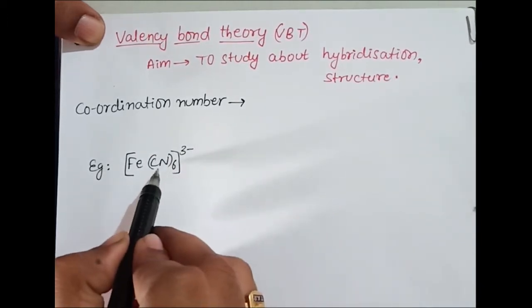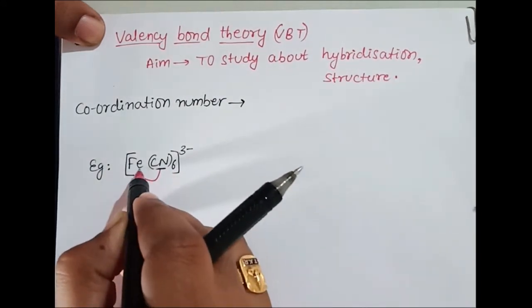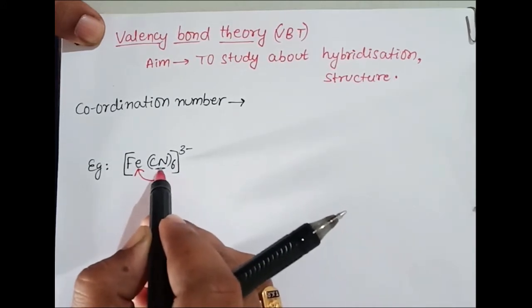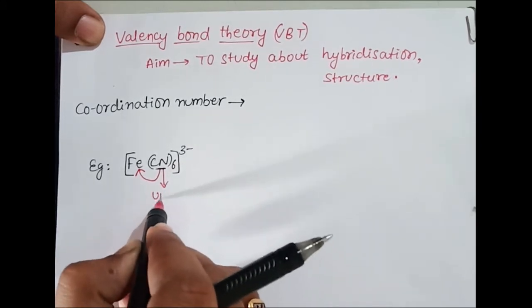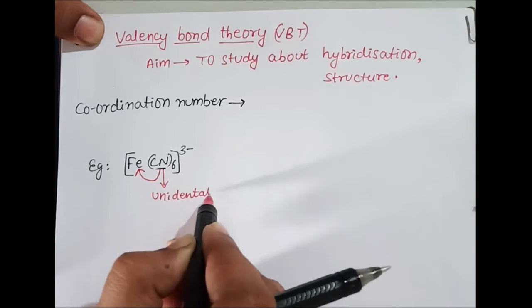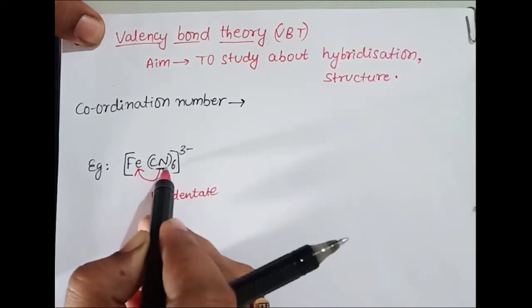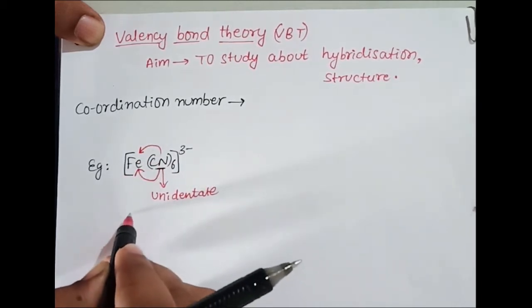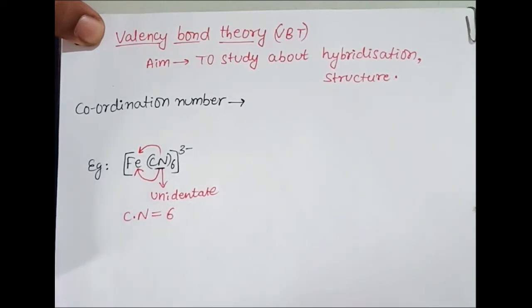Here the ligand will donate electrons to the central metal. Each ligand will donate how many electrons, that we have to see. CN is which ligand? Unidentate ligand, which we studied in the previous video. Unidentate ligand means it will donate one pair. Totally we have 6 cyanide ions, which will donate 6 electron pairs. That is called the coordination number. So the coordination number of iron is 6.